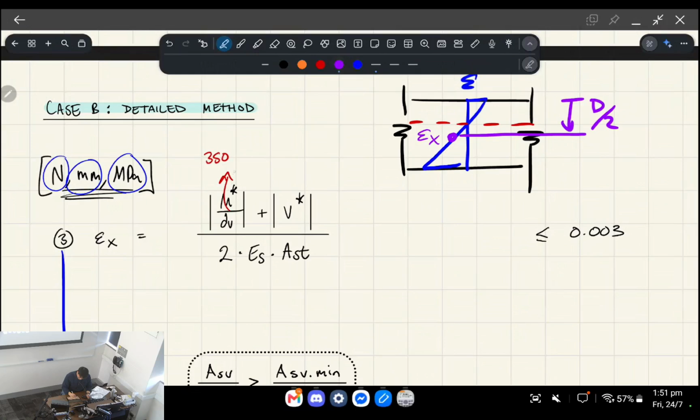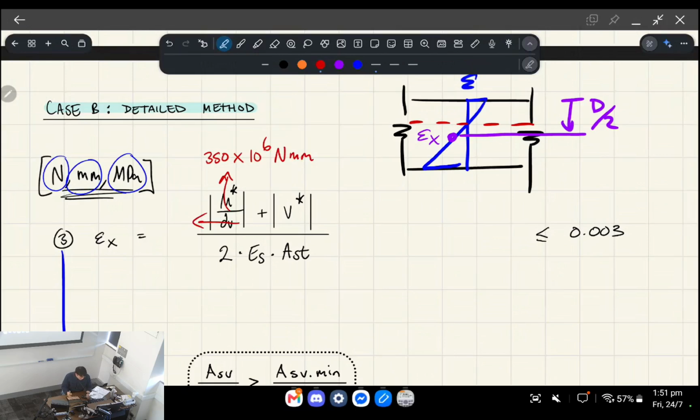So we convert from kilonewton meters to newton millimeters by multiplying by 10 to the 6. So we go 350 times 10 to the 6, which gives us an answer in newton millimeters.